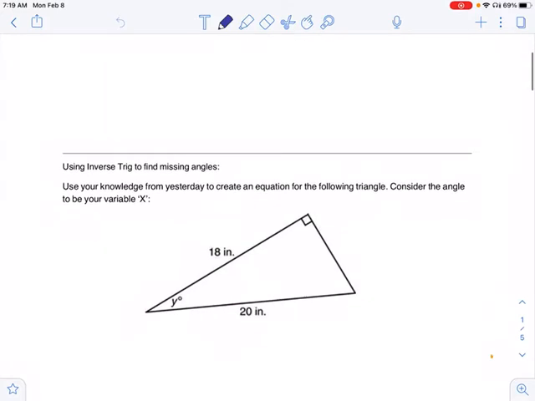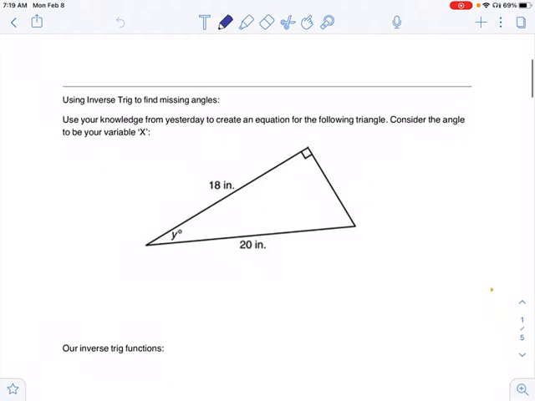For inverse trig, which is going to be our topic today, we should be able to find some pretty quick success with it. It's not all that much more difficult than trig to begin with. So here we're just going to jump right in.